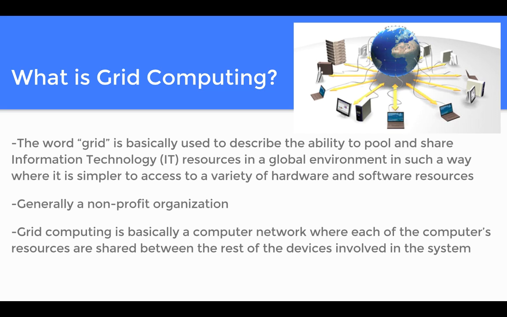Grid computing is generally a nonprofit organization, which means it has its own volunteers, and it can be defined as a computer network where each of the computer's resources are shared between the rest of the devices involved in the system. So, how grid computing works is that one main computer distributes information to the rest of the interconnected computers present in the system.